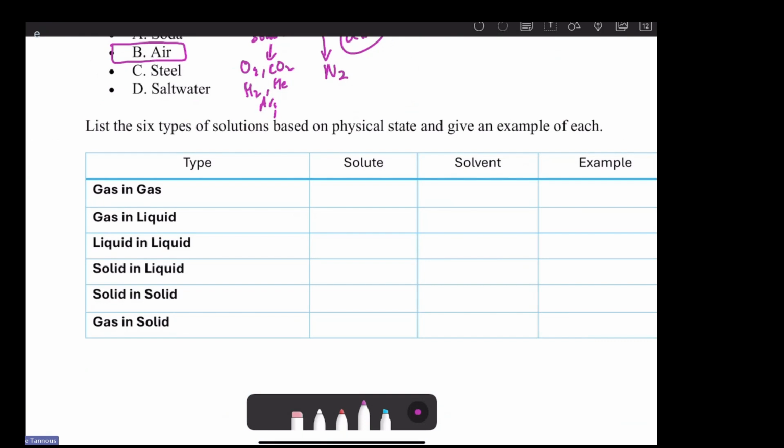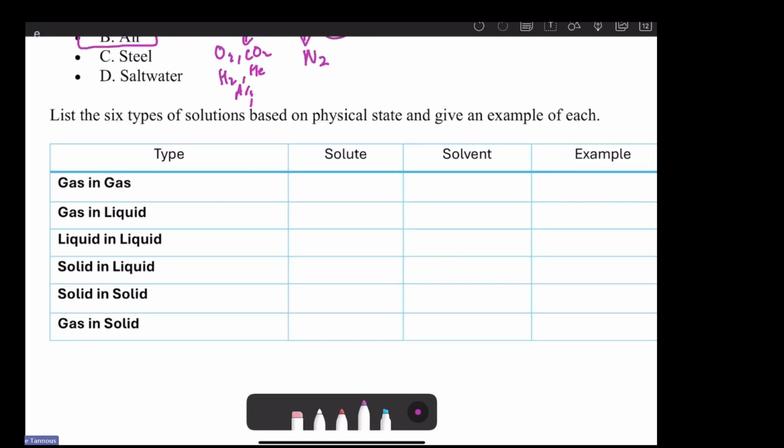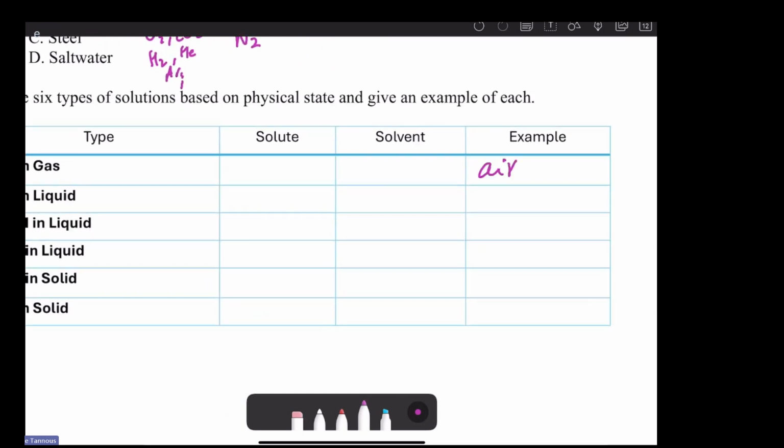This table is very important, and we need to know all the examples. Whenever you are asked to give an example of a solution, you need to know what's the type of solute and solvent. So gas and gas, just like the one that I gave. First, think of the example, and then you can decide the phase of the solute and the solvent.